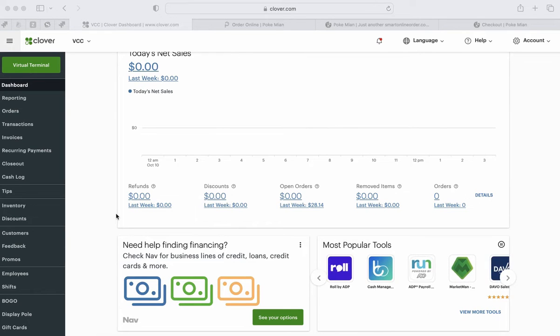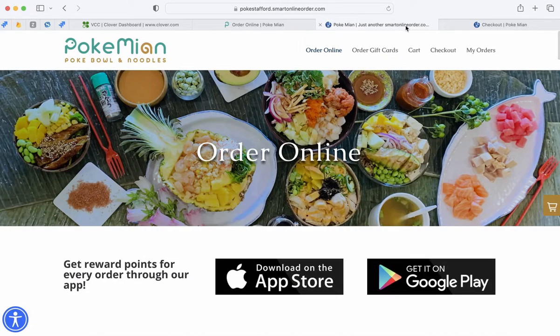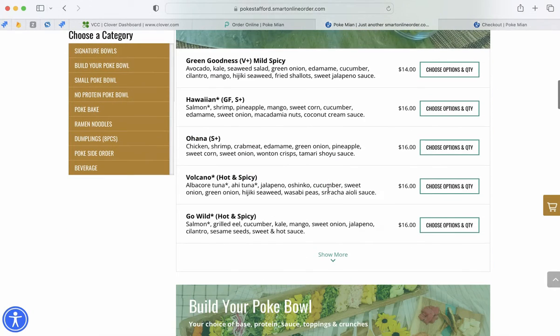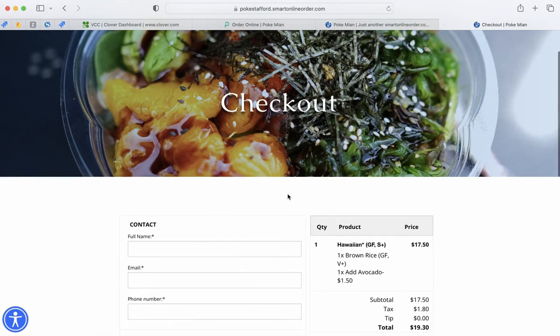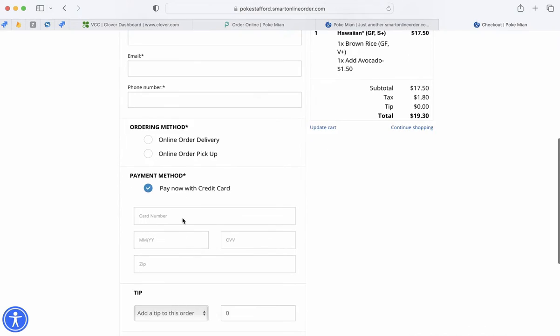As you know, when customers order online from your website, they have to manually enter their credit card numbers. What happens when they do this is called a card not present transaction. This works the same for all online orders because they're manually entering their credit card number.